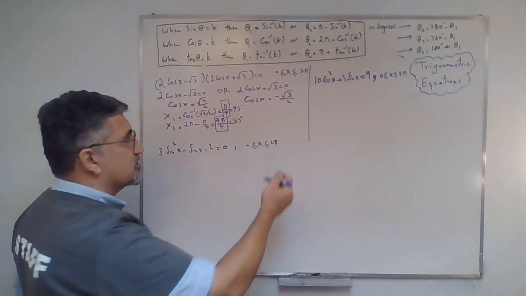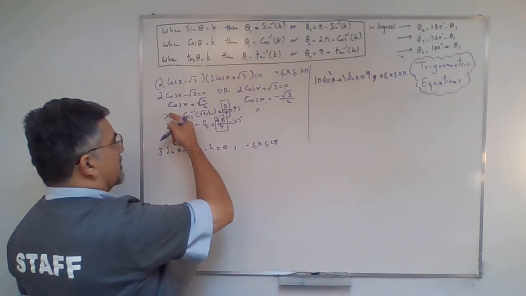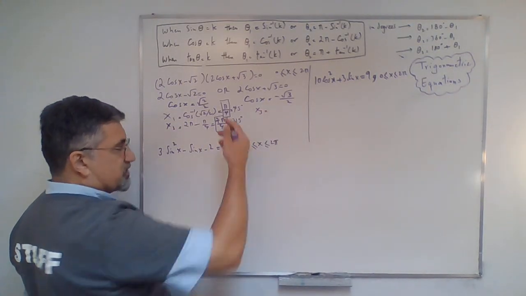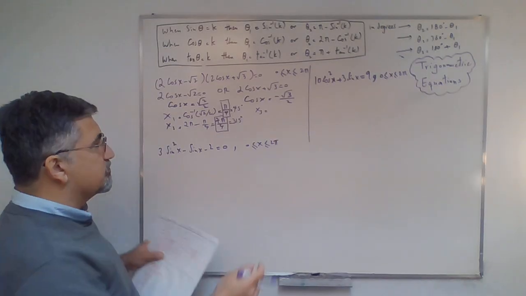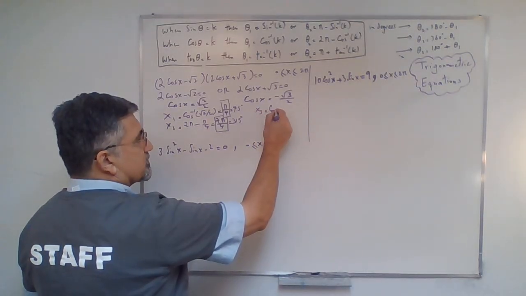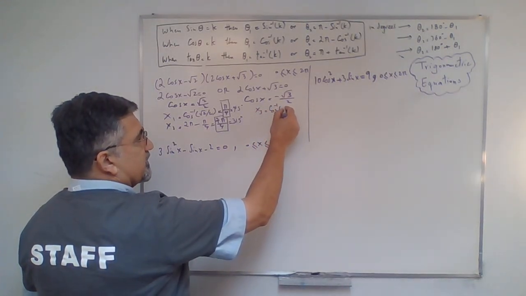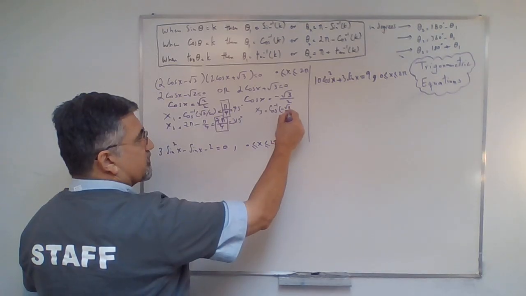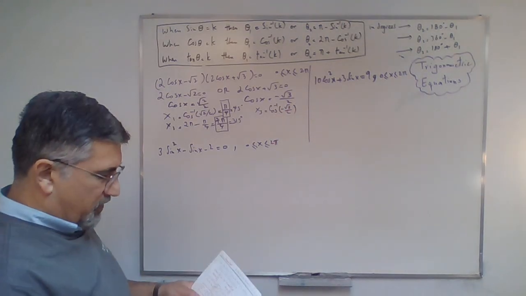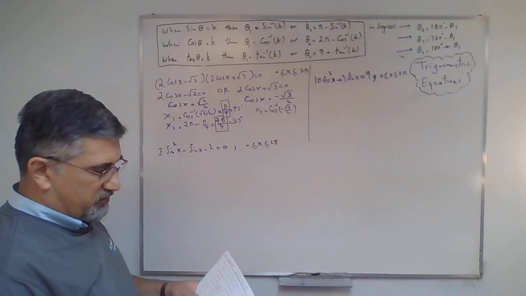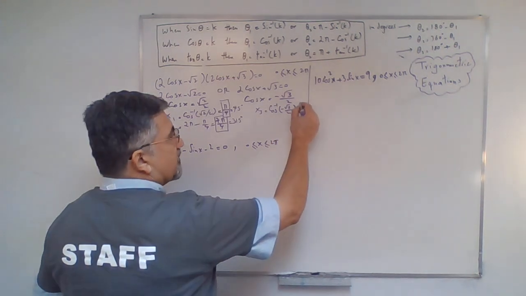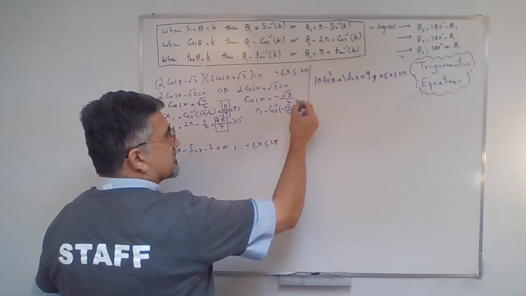For this other part, x sub 3, I should say now, because I used x sub 1 and 2, would be inverse cosine of negative root 3 over 2, which if you use a calculator will give you 150 degrees, which is 5 pi over 6.